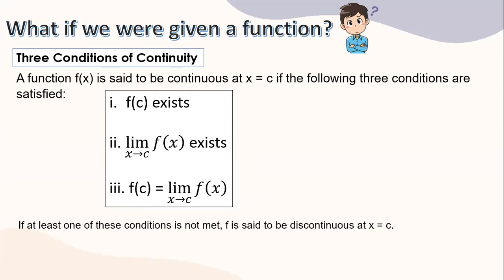A function f of x is said to be continuous at x is equal to c if the following three conditions are satisfied. First, f of c exists, meaning if we substitute the given value c in our function, may makukuha tayong value.